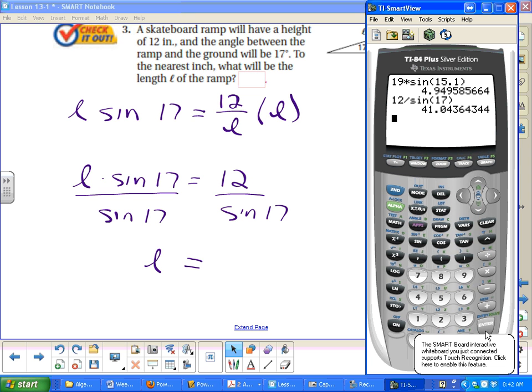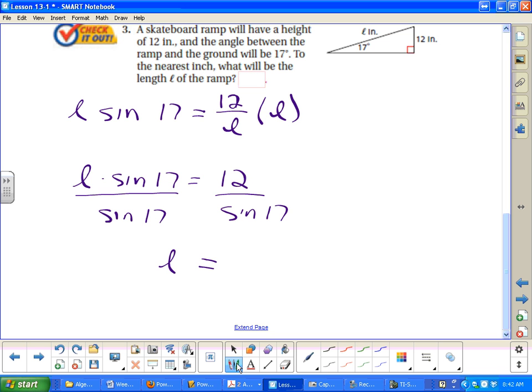And we get 41.04 inches, and it says to the nearest inch, so L is approximately 41 inches.